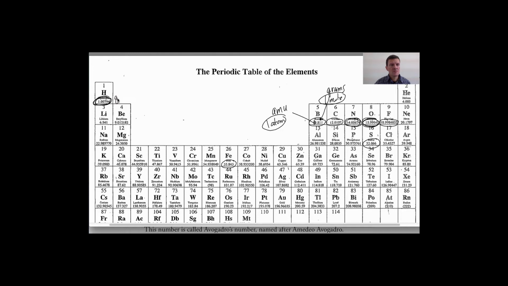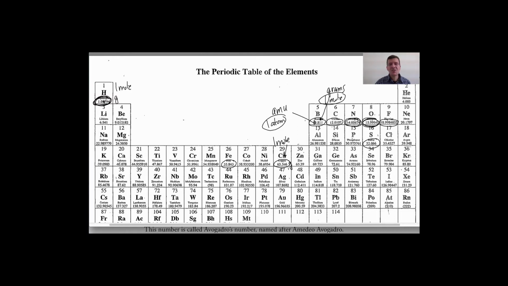So if it's in grams, that would be the mass of a mole of hydrogen. And if I look at copper, 63.5, oh, that's the molar mass of copper. So if I've got this mass in grams, I've got 1 mole of copper. And if I've got 1 gram of hydrogen, that gives me 1 mole of hydrogen.